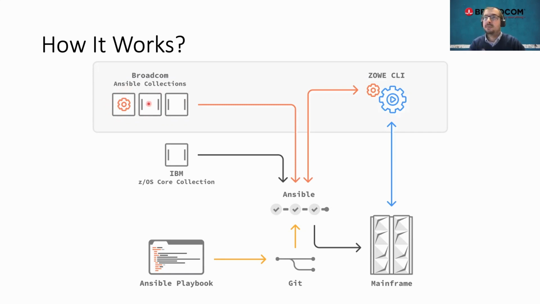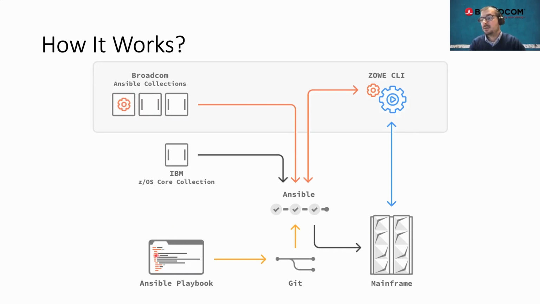For example, this could be SysView or CA7 collection. Inside this collection, there is a description or definition of all the keywords that are available in it, and then a description of how this core collection should communicate together.